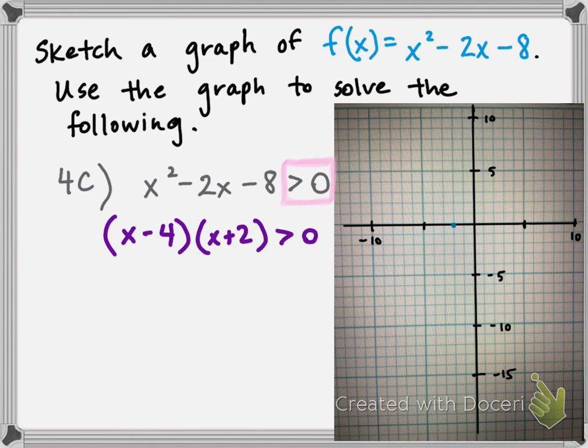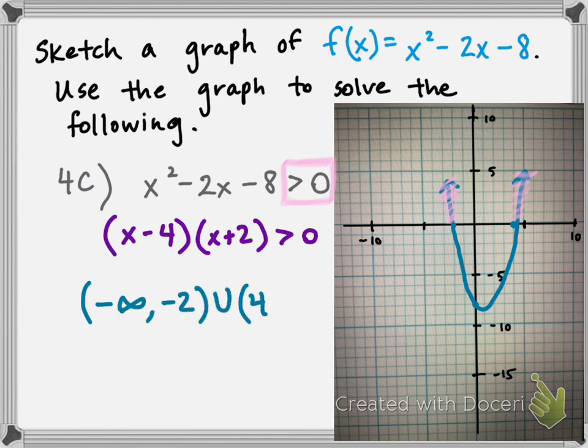So I can put that's at negative 2, that's at positive 4, we're at negative 8. I have my quadratic, let me graph it. And then again, where is it greater than 0? Well, that's going to be this section of my graph. So if I look at that, that's going to be from negative infinity to negative 2, or 4 to infinity.